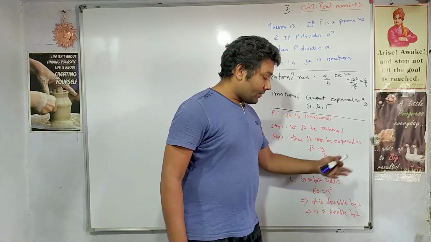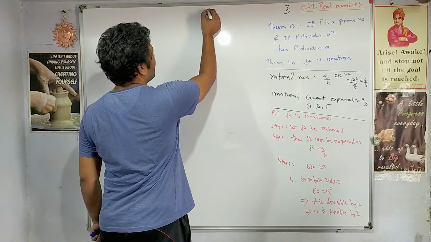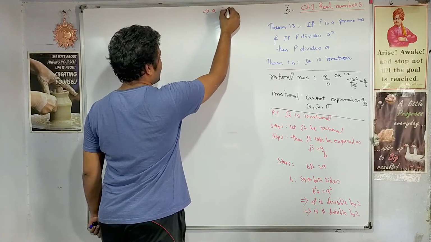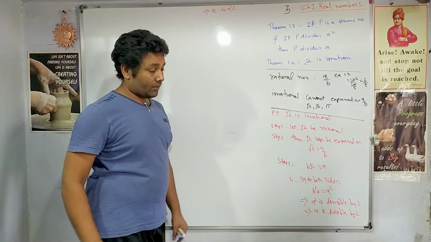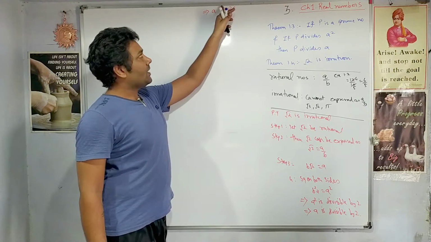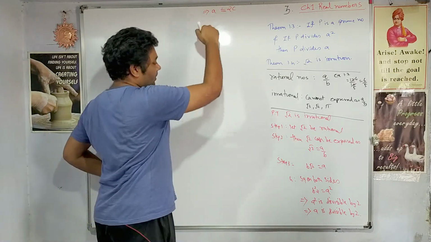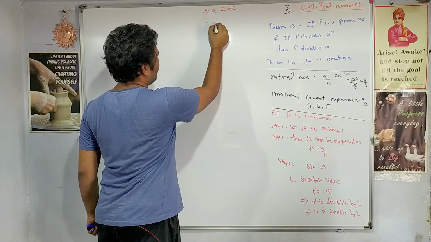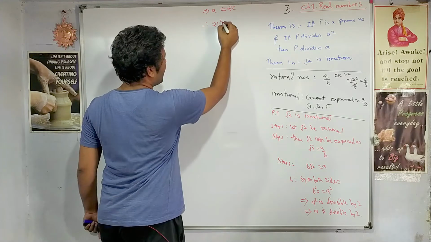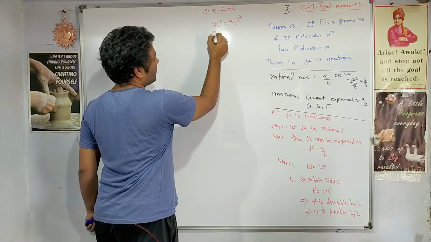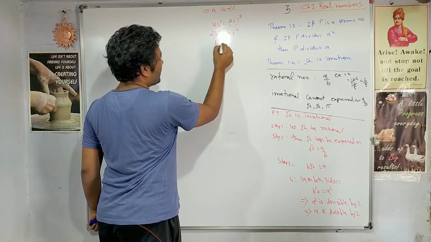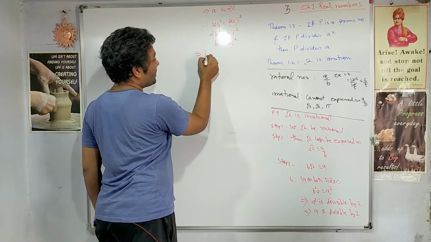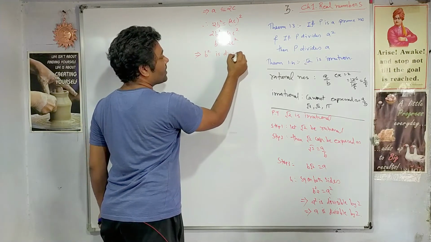If a is divisible by 2, that means a can be written as a multiple of 2, so a can be modified as 2c. Now if we use 2c here, 2b square equals, in place of a we write 2c, so this becomes 4c square, and b square is 2c square. Again from here we conclude that b square is divisible by 2.